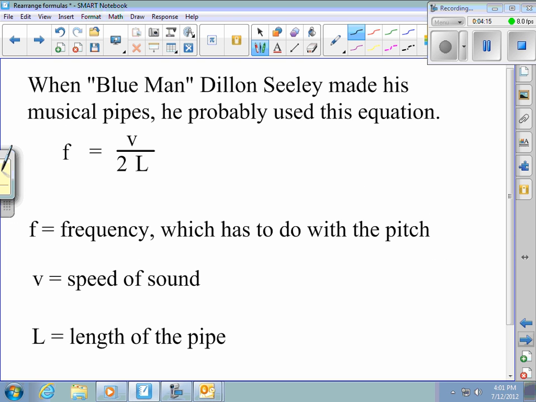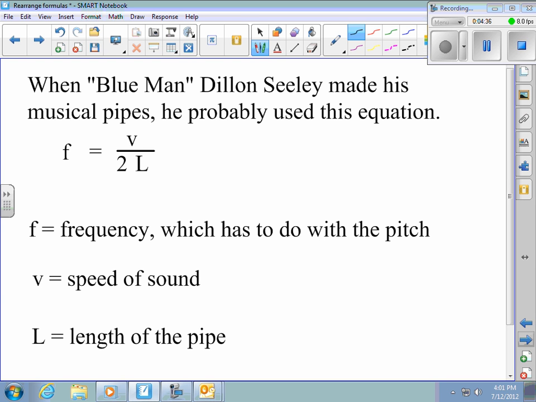Here's another example. The frequency of a pipe instrument: F is the frequency, V is the speed of sound, the velocity of sound, and L is the length of the pipe.